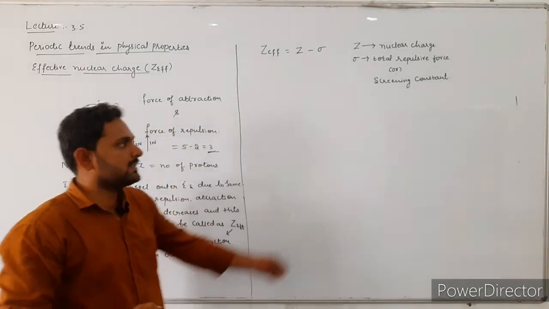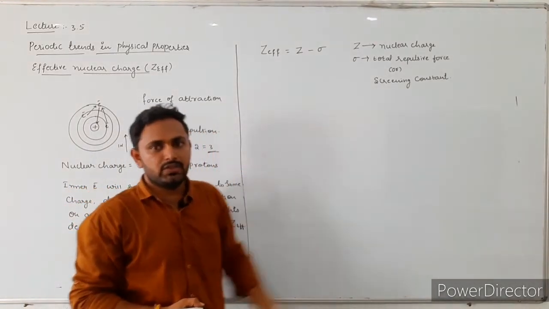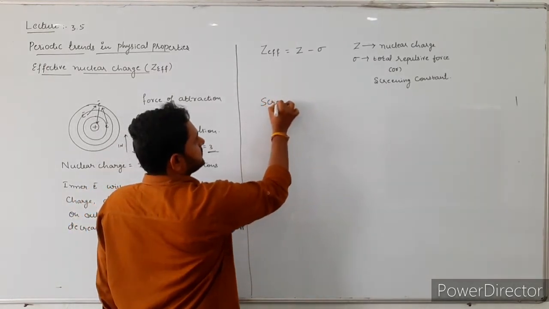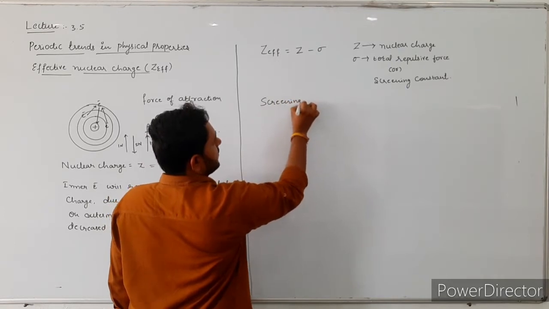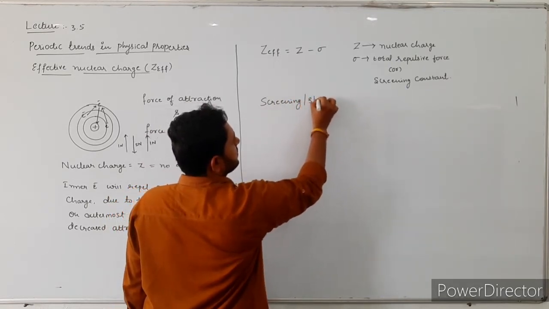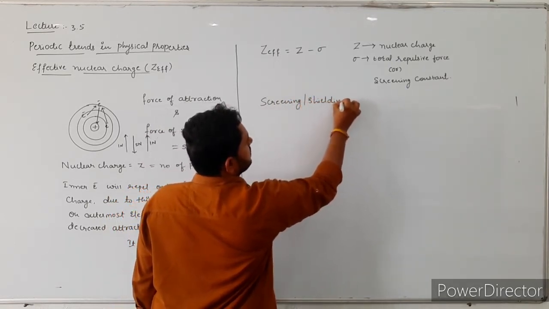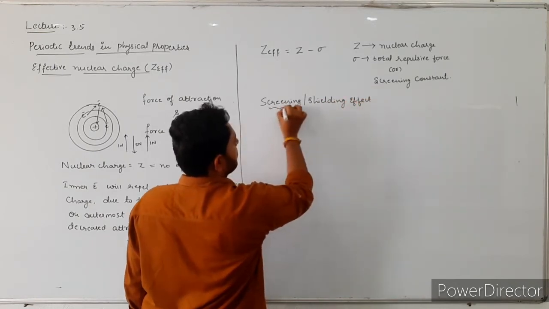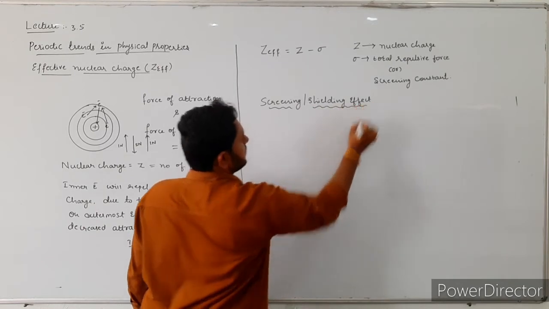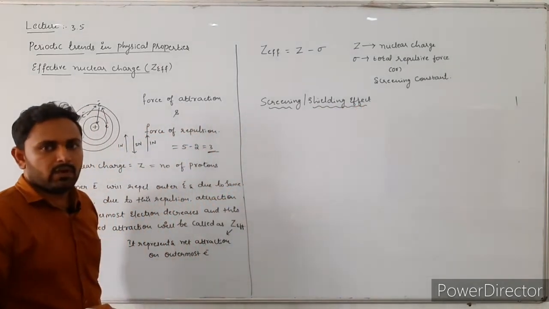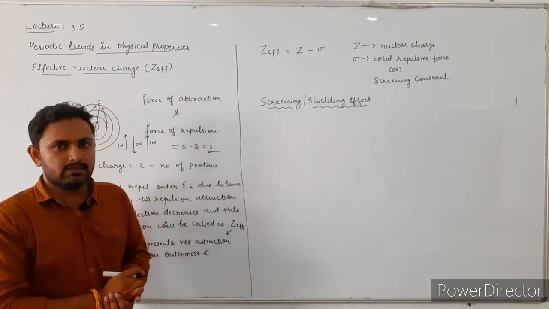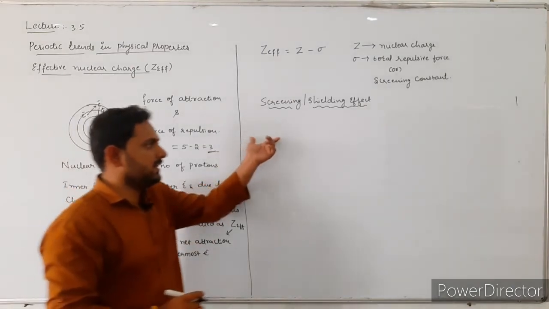Now let us know what is the screening effect or shielding effect. The inner shell electrons will work as a screen or shield around the nucleus. This effect is called the screening effect.